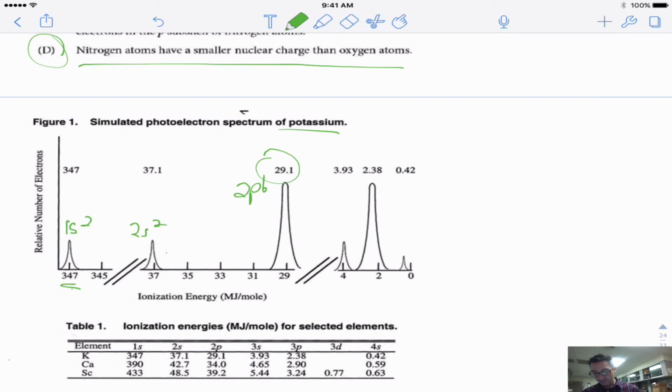Then over here we have something that's pretty much equal to this, 3s2, and then again 3p6 because it's about equal to the 2p6, and then this one here is 4s, but now it's about half the size of the other s, so it's about 1. And there we have it. That's potassium's photoelectron spectrum.